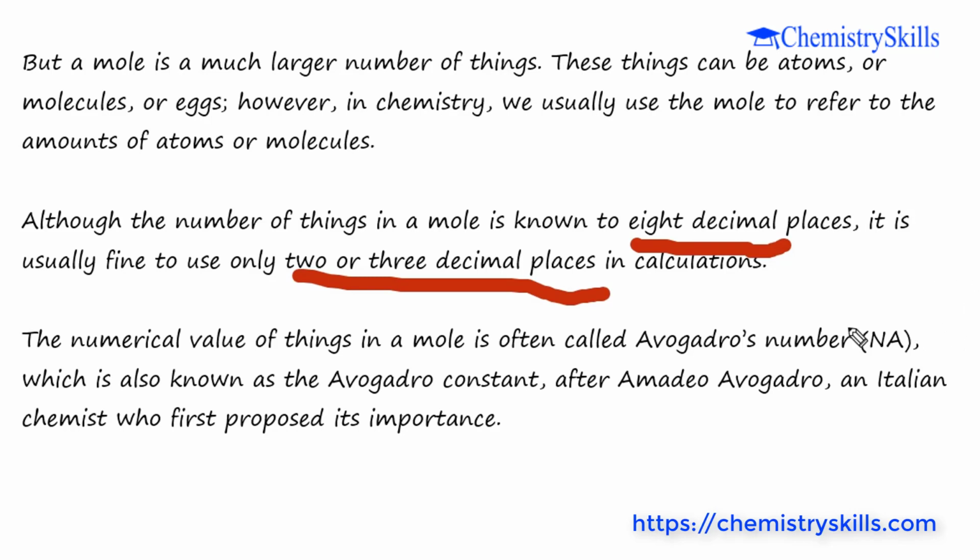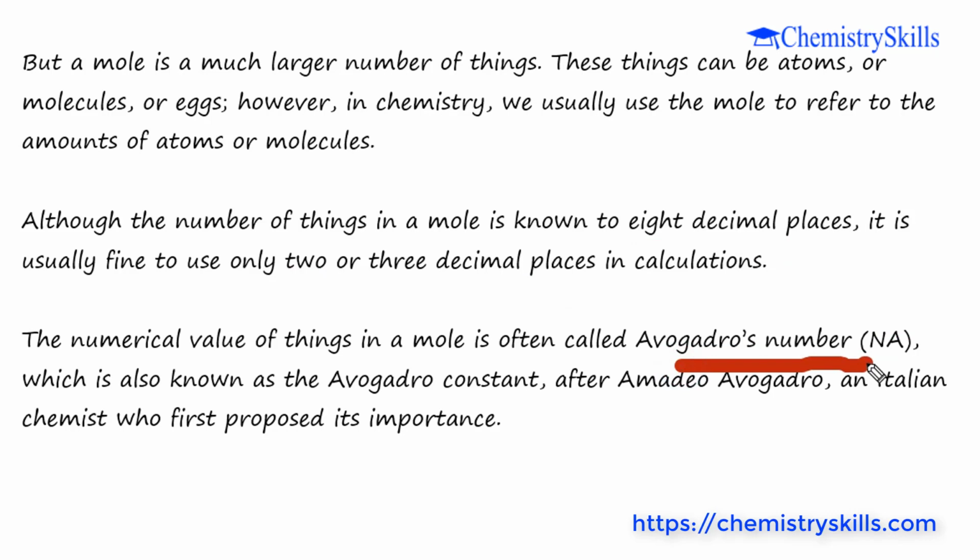As I have already discussed, the numerical value of the mole is called Avogadro's number, which is also known as Avogadro's constant, after the scientist Amedeo Avogadro, an Italian chemist who first proposed its importance.